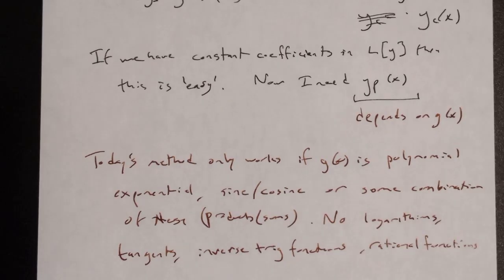To an extent, it leaves out roots, but we can find a method that will allow us to work around roots. I'll save that for later. So this is a fairly restrictive case.